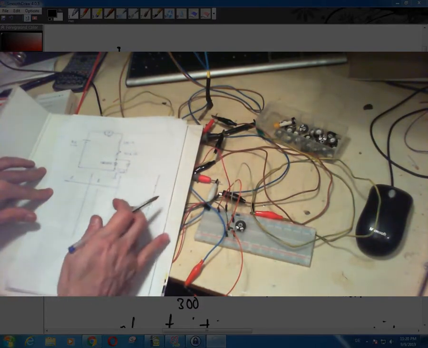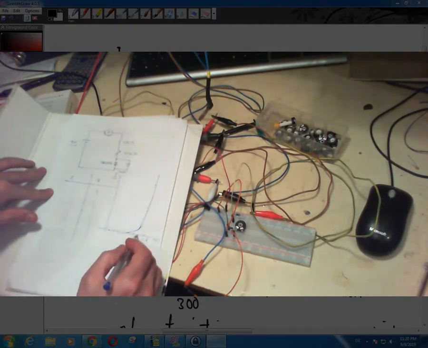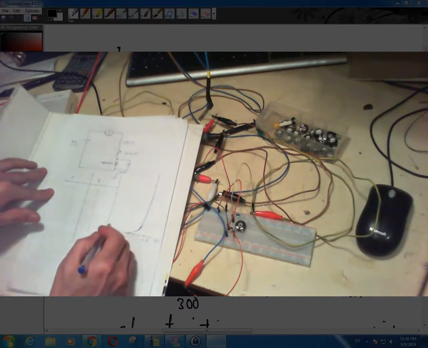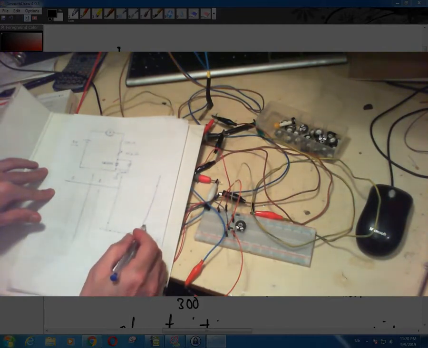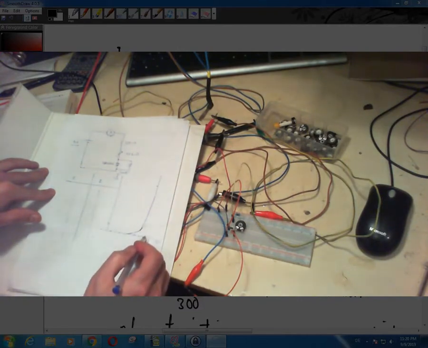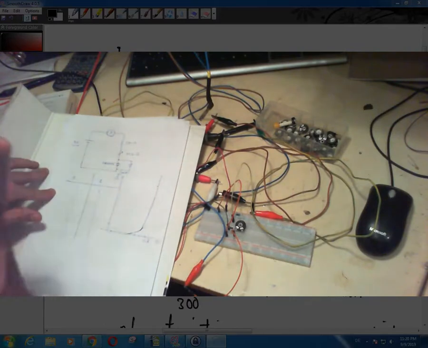So you would get a graph like this, meaning that this is your voltage and this is your current, and at about 0.7 volts you have about 2-3 milliamps going through your circuit, and at about 0.75 volts the current goes all the way up to 10 milliamps, and at about 0.8 volts it keeps shooting up to 24 milliamps or something like that.